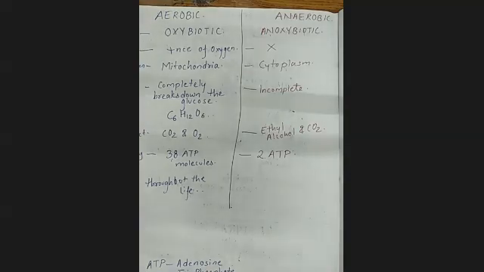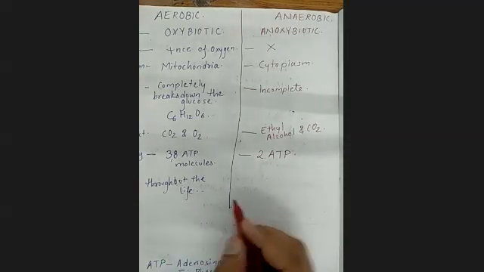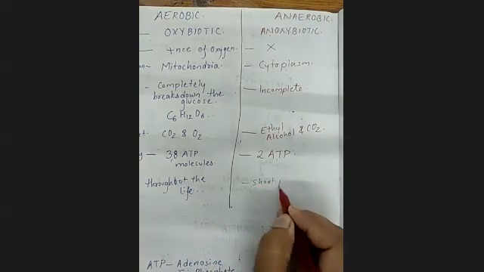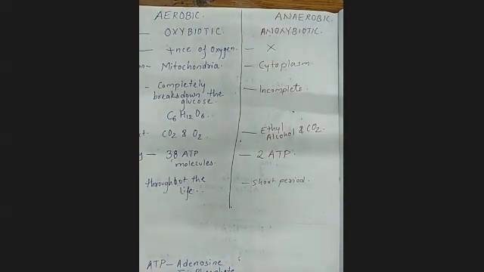Fine, it's okay. If you see, this is the difference between aerobic and anaerobic respiration. So in plants, this type of respiration occurs throughout the life. While anaerobic occurs for a short period, then it stops, and then again if it is required, it will continue.